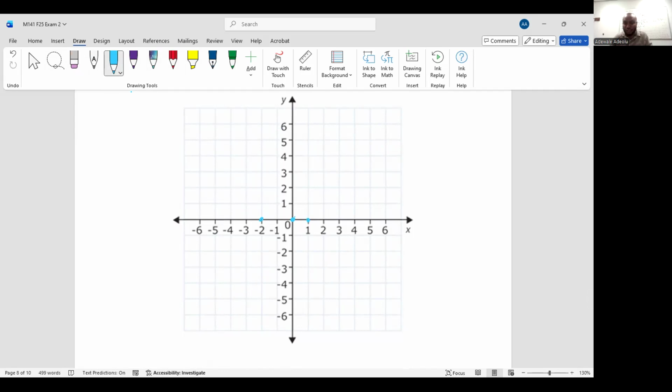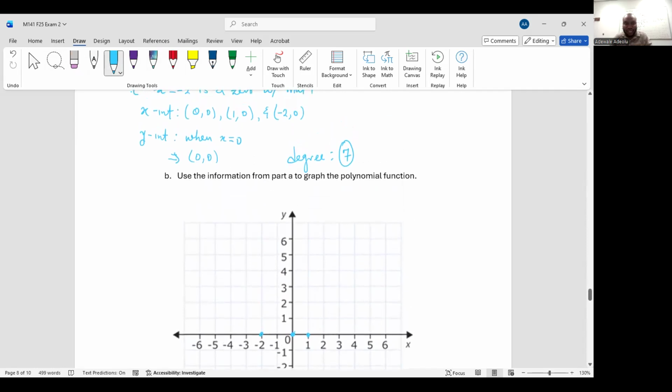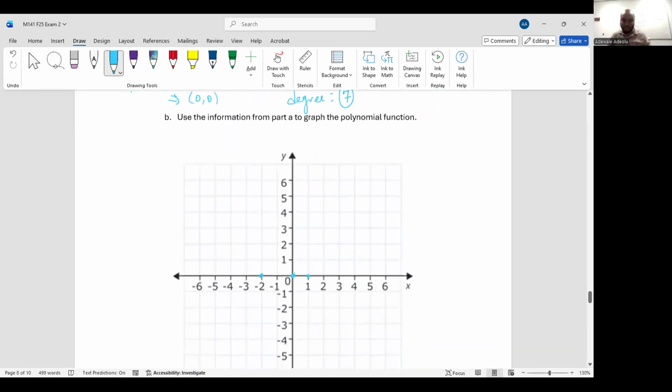One more question I need to answer is how? At negative 2, it passes through as a line because the multiplicity is 1. But at the remaining 2 points, it passes through those points as a cubic. That is interesting.